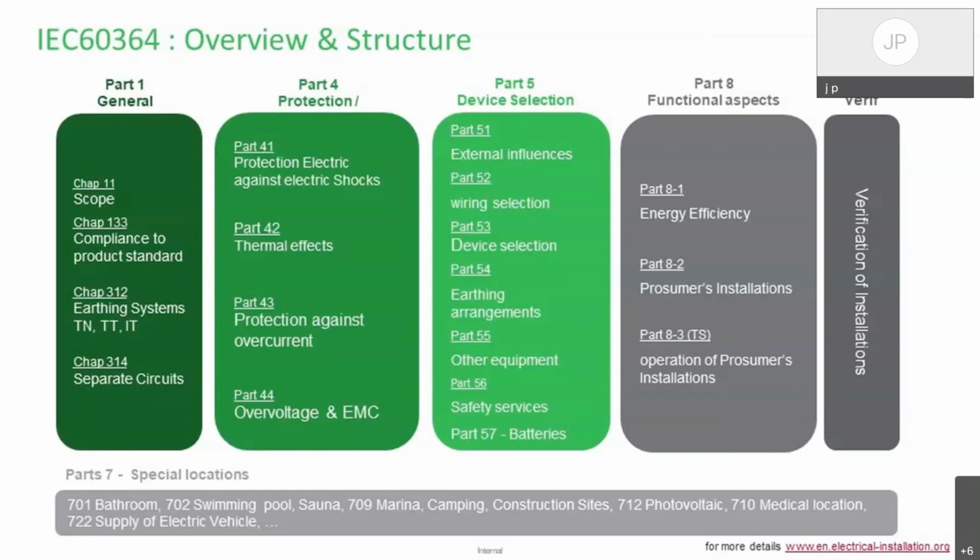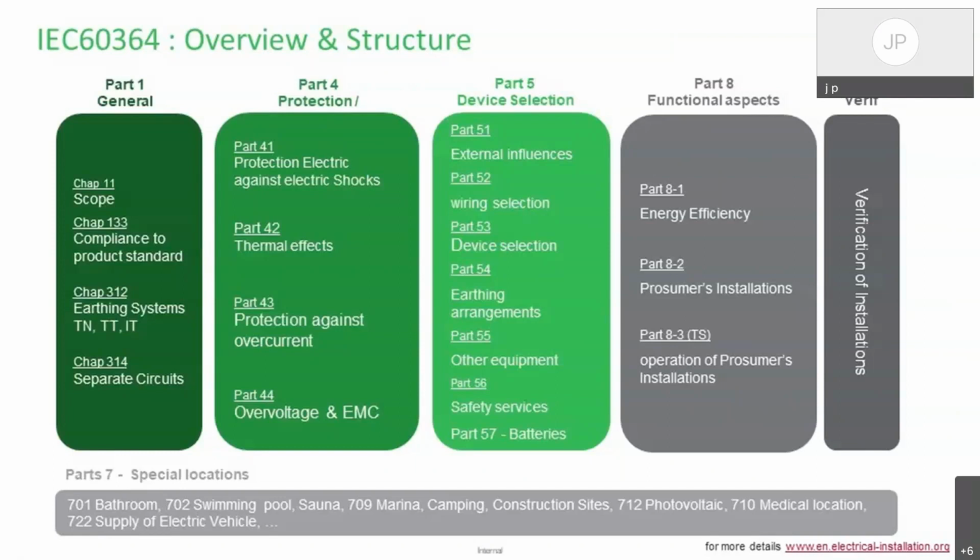And this part is really important to implement nowadays. Because, for example, when you speak about an EV charging station, you are a prosumer installation in most cases. The numbering looks strange because it's part of the history. But just remember that we have parts 1, 4, 5, and 8 for the selection and erection of the different installations.